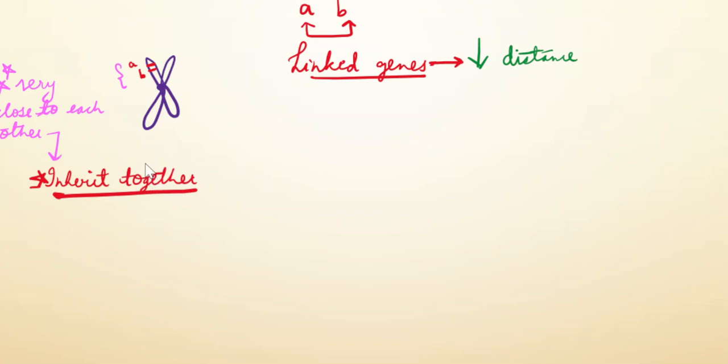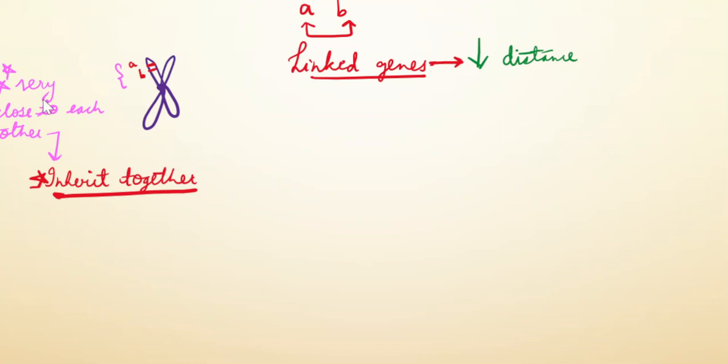There can be many genes, not only two; there can be several genes which are linked together. If they are linked together, they have a capacity, or we can say a tendency, to inherit together.